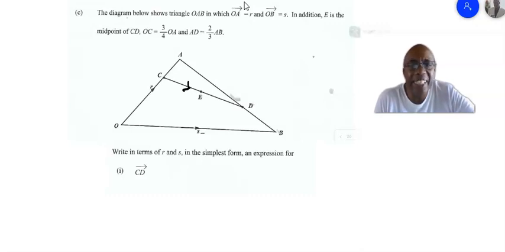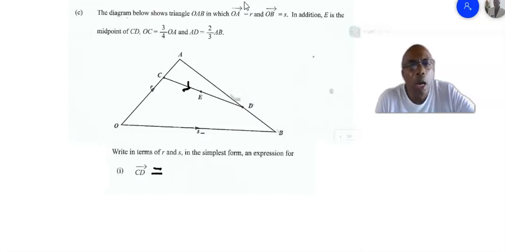Now, to find any unknown vector, all you need to do is to find the known vectors that add up to give that unknown vector. So we have to find the vectors that we can add to find CD.